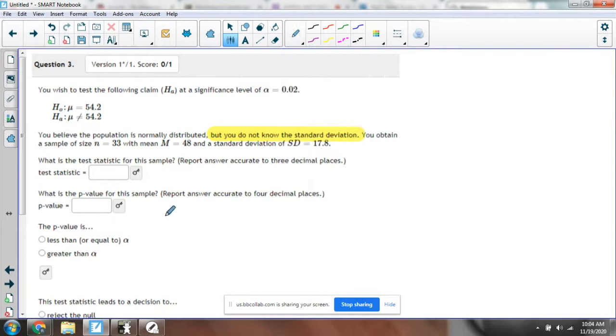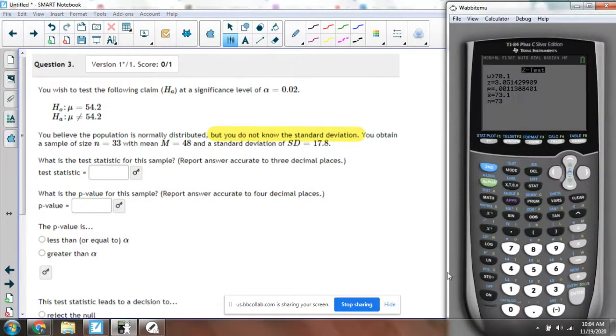Everything works the same way, except now I'm not going to use a z-test, I'm going to use a t-test. My null mean is 54.2. My x bar from my sample is 48. My standard deviation from my sample is 17.8. And the size of my sample is 32.